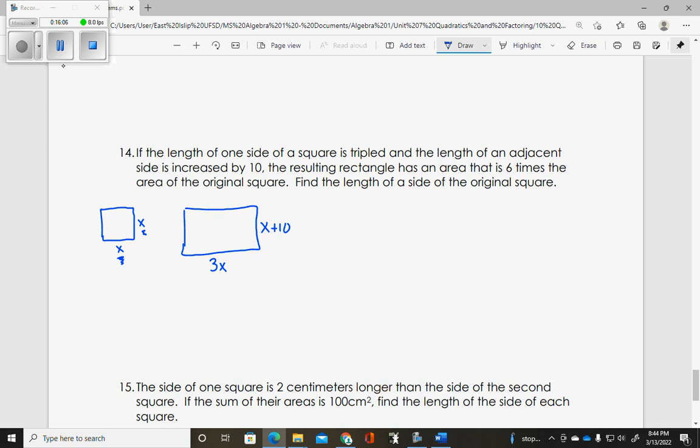And the resulting rectangle has an area that's 6 times the area of the original square. So what can I write for the area of the original square? Well, area of a square is length times width. So the area of this square, x times x, is x squared, right? So what we can say is that the area of this rectangle is 6 times the area of the original square. 6 times x squared is what the area of this new rectangle will be.